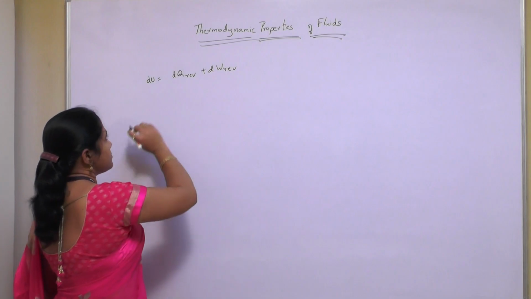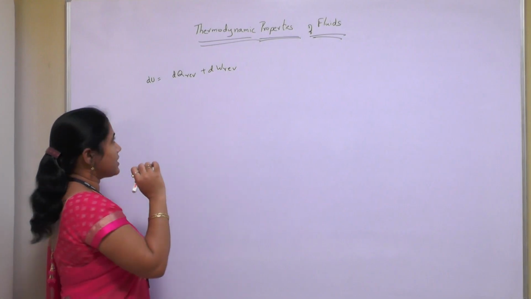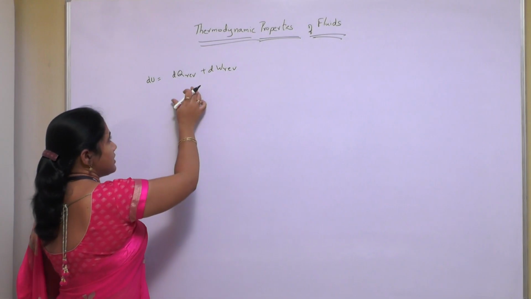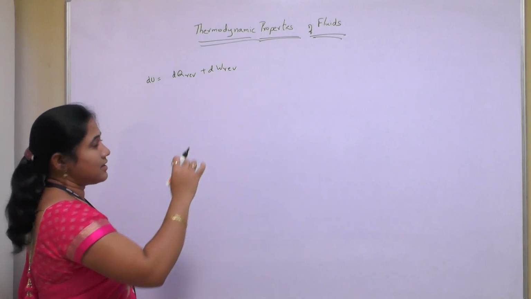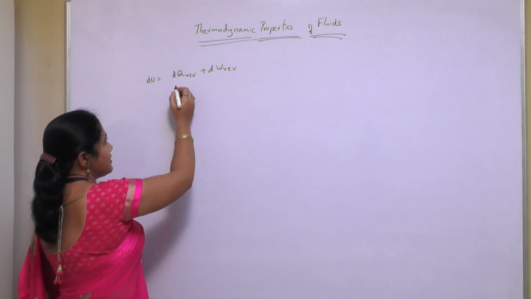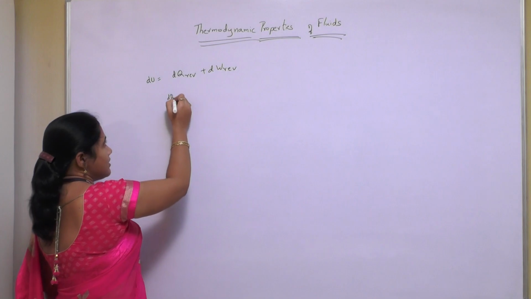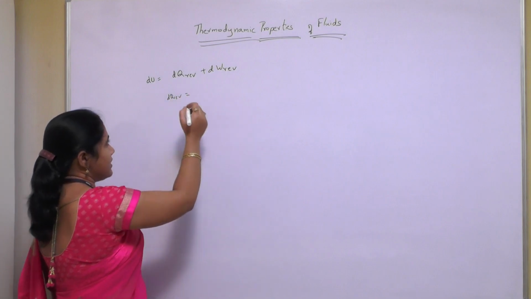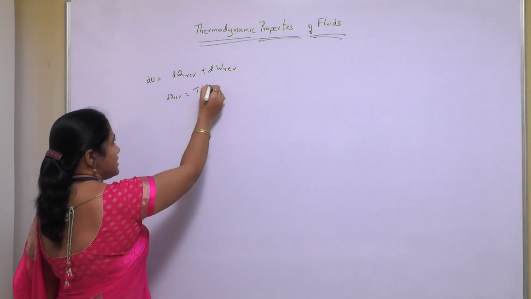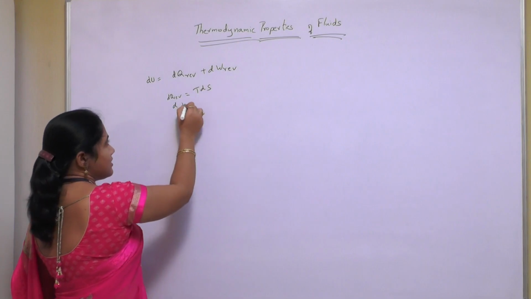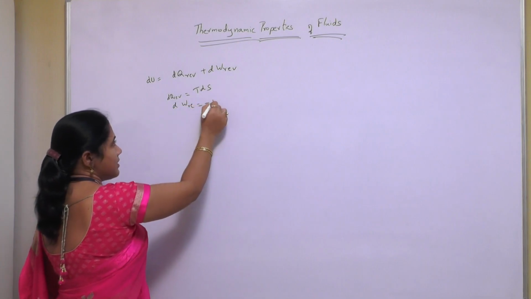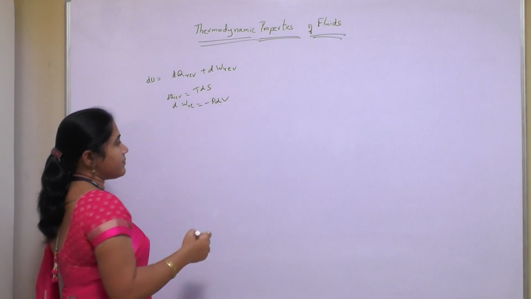So this is the first law: the change in internal energy equals the heat applied and the work done. The reversible heat is given by TdS, and the work done is given by minus PdV.